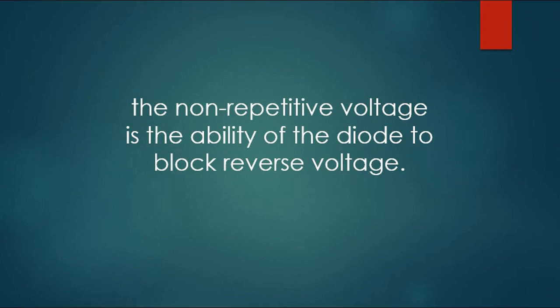So what I'm trying to explain here is that repetitive is simply to use AC, while non-repetitive is the ability of the diode to block reverse voltage. Instead of the voltage returning back to the source, it does not allow the voltage to go back to the source, and it will remain in that circuit unless the electronic gadget has been switched off.